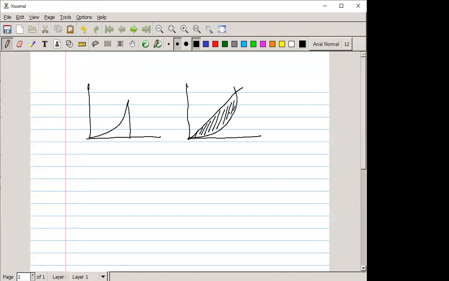So today, previously we used the integration method for finding the CG and MI. What does integration mean? Integration is nothing but the summation of a series.